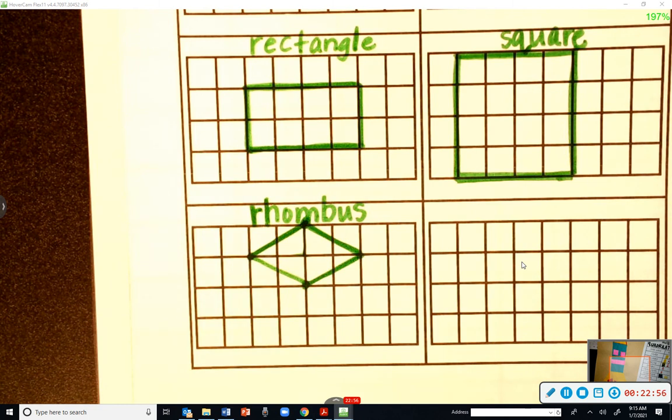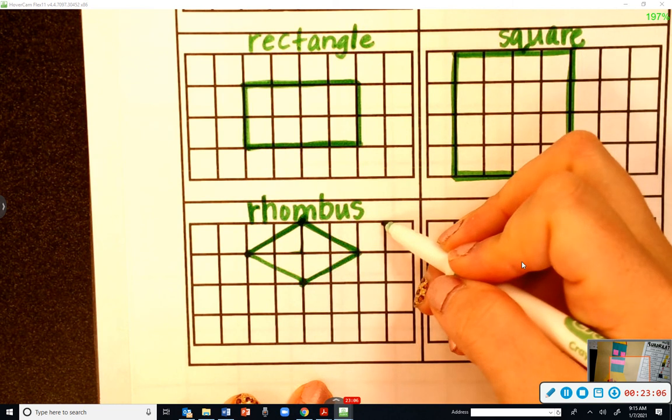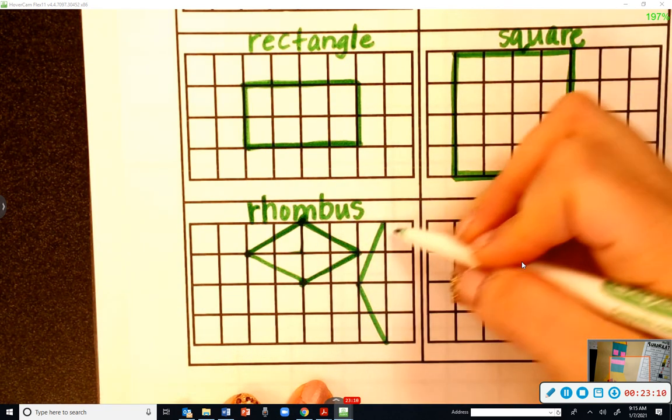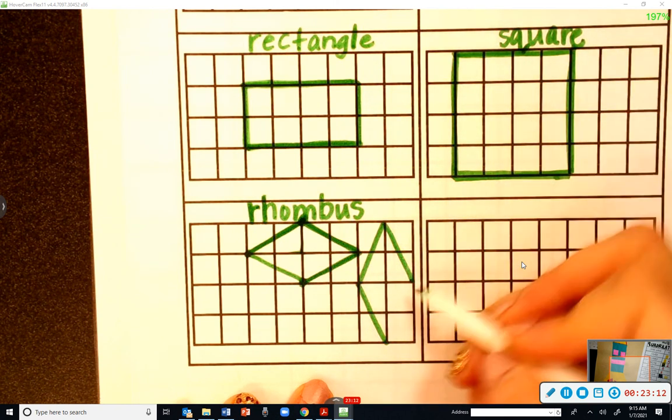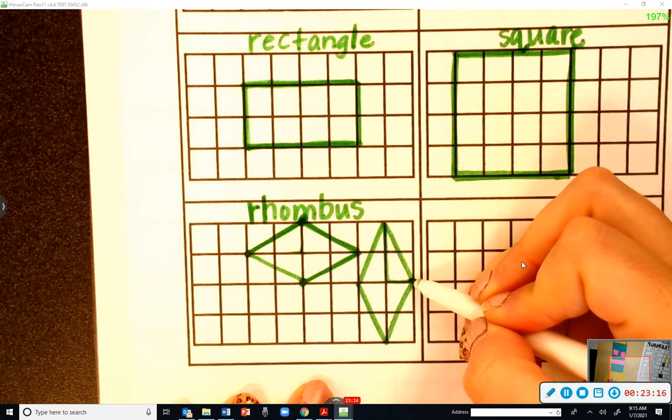All the way down, is that fine? If you went all the way down, your rhombus does not have to look just like this. Because I could have made it a skinny rhombus. I could have gone down 2, down 2, down 2, and down 2. And I only went over 1 square.